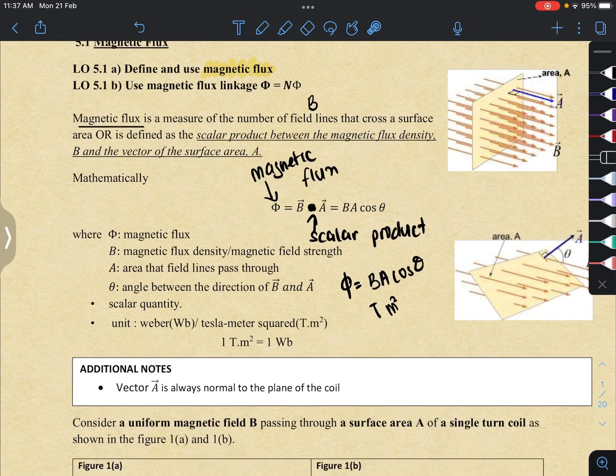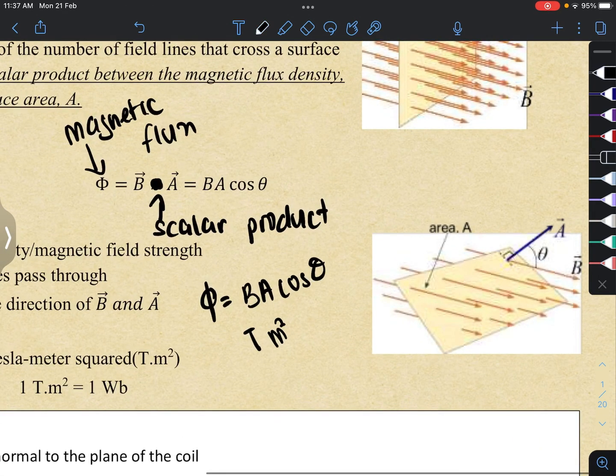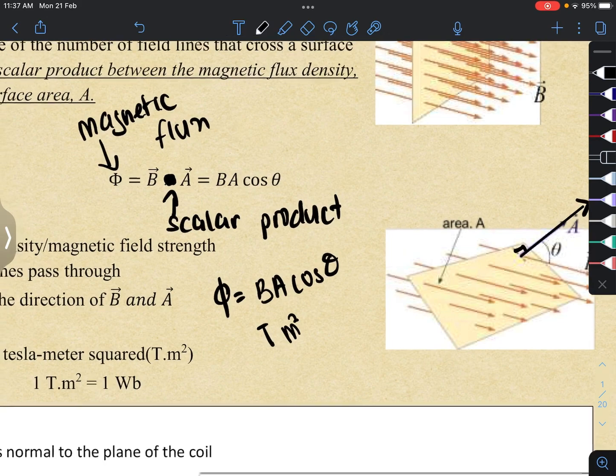Alright, so remember that vector A is always normal to the plane of the coil. This is our plane, and the vector is always 90 degrees to it, as you can see shown in this diagram. This is the vector and it is perpendicular to the plane here.